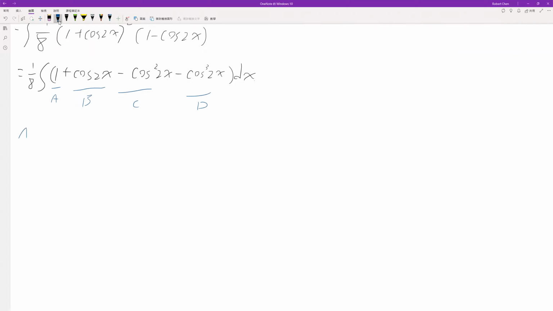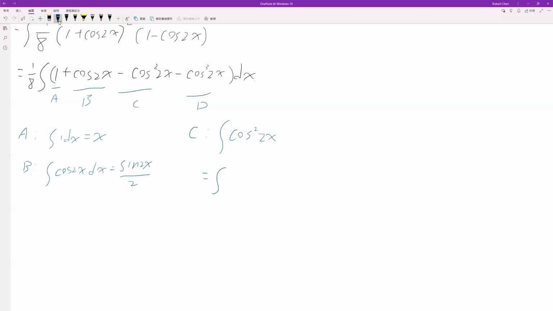Okay. So part A, it's easy. Integral of 1 dx, that's just x. And part B, integral of cosine 2x, that's also easy. Integral of cosine is sine, so sine 2x, and then divided by 2, by reverse chain rule. Now C, we're looking at cosine squared 2x. So here we are going to apply the double angle formula again.